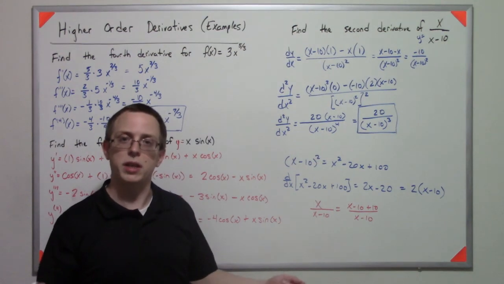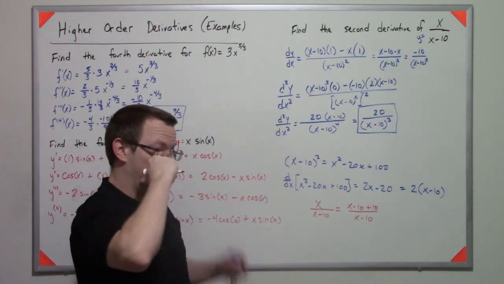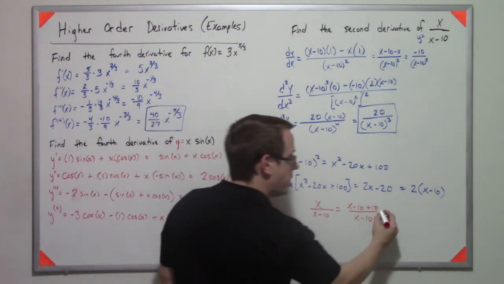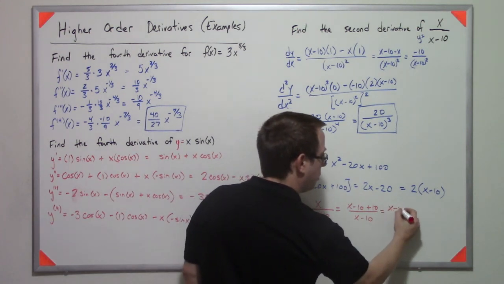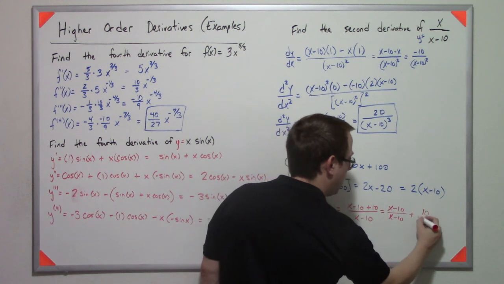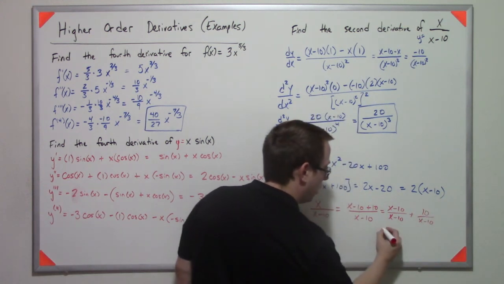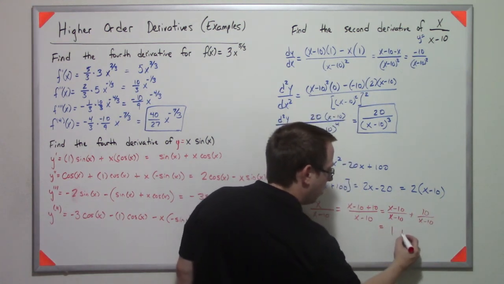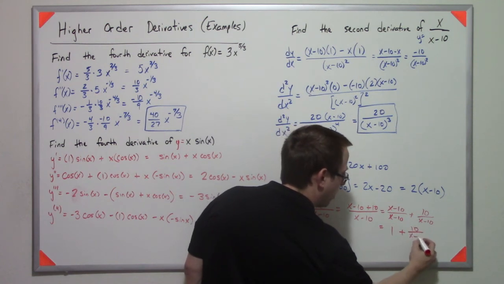Of course it is, right? That's just 0. So then you can cheat and you can bring this out into x minus 10 over x minus 10 plus 10 over x minus 10, which is equal to 1 plus 10 over x minus 10.